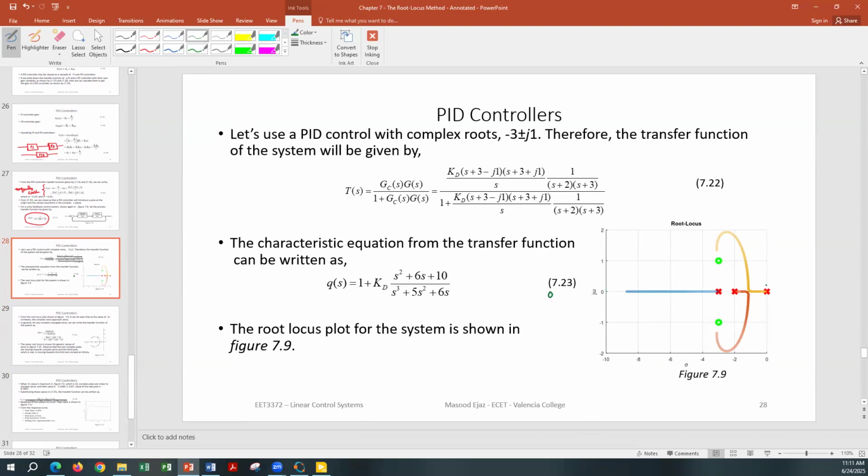This is my program, that's why you see different color graphs. These 2 root loci are heading towards each other, and then at a breakaway point they break away from the real axis and start moving towards their respective zeros, which are -3 plus j1 and -3 minus j1.